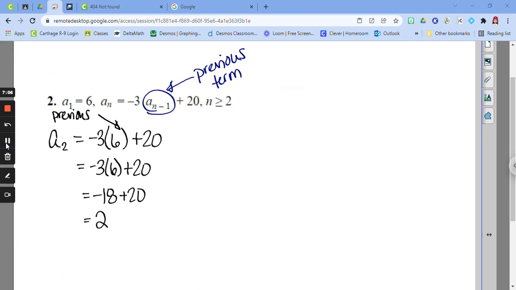So now I'm going to use 2 to get the third term. So I'm going to take negative 3 times the previous term plus 20. So that's negative 6 plus 20, which is 14. So far we have 2 and we have 14.